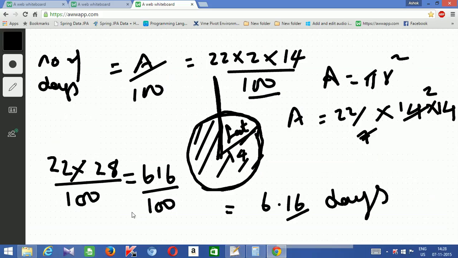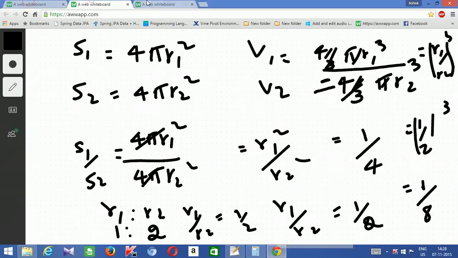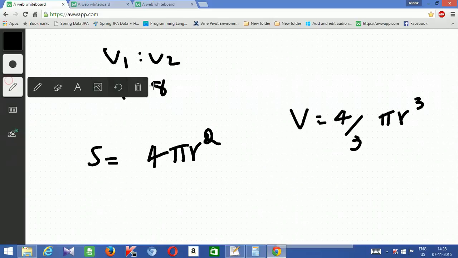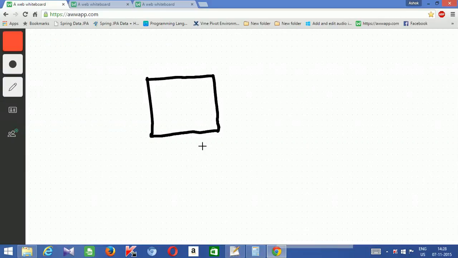So here, the question typically says, you have a square plot. Fine. The square plot will be like this. Treat it as a square, and you're going to walk from here to here. There are three ways totally. You can walk in a straight line like this, or you can go like this, or like this.